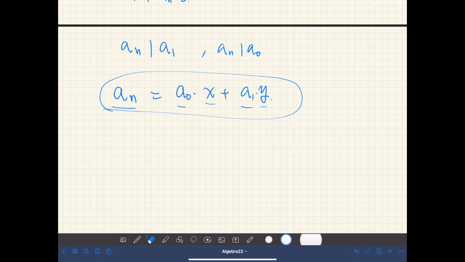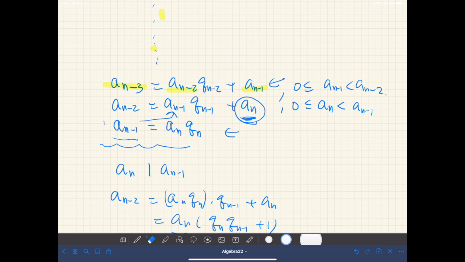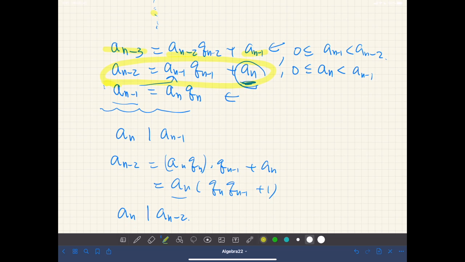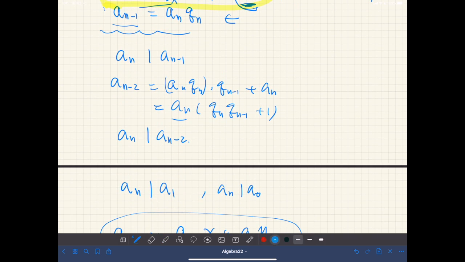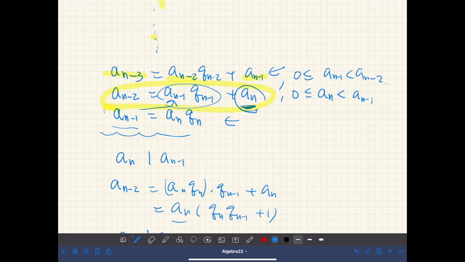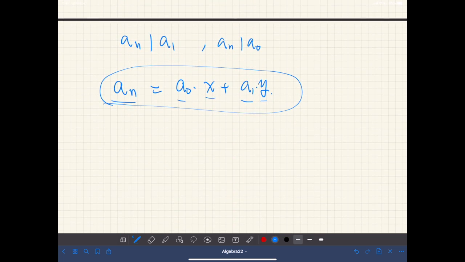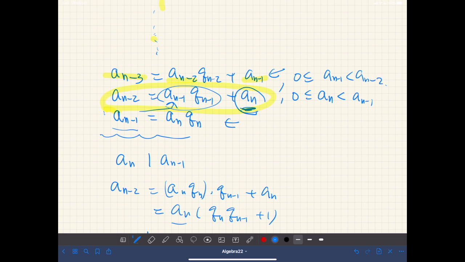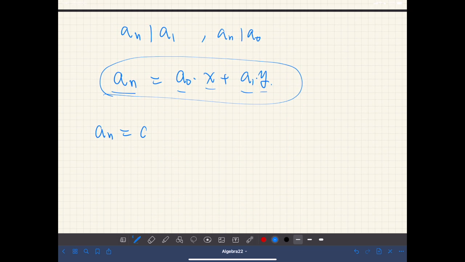So how do we do that? To do that, look at this equation first. Moving this term to the left-hand side and swapping sides, we have An equals An-2 minus An-1 times qn-1.